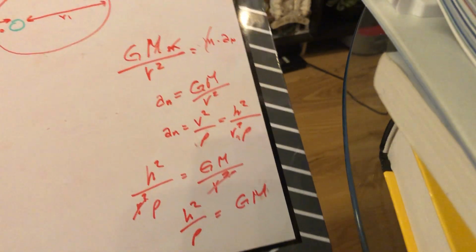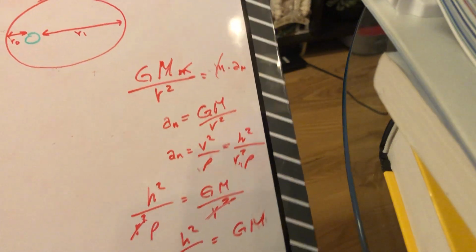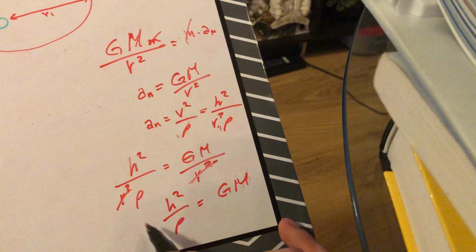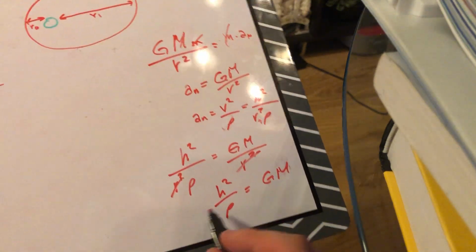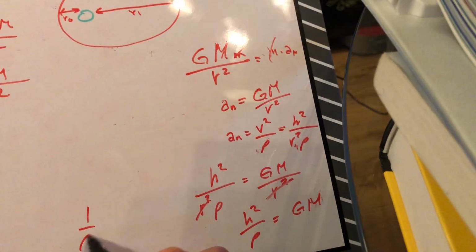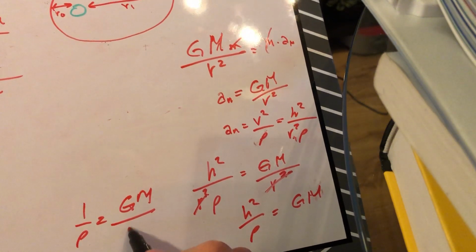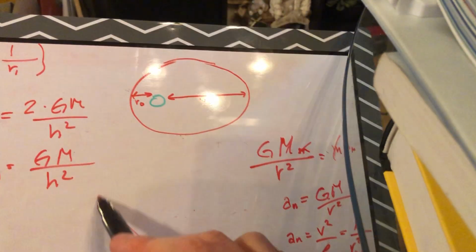Jim's making a comeback. Okay. So rearranged, if we divide by angular momentum, we're going to have 1 over rho is equal to GM over angular momentum squared, which, what would you know? Look at that. That's our term right there.